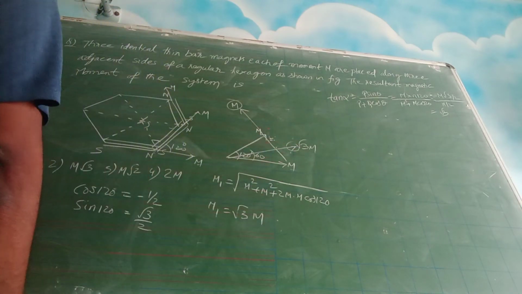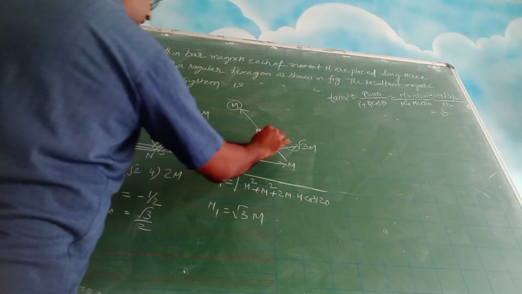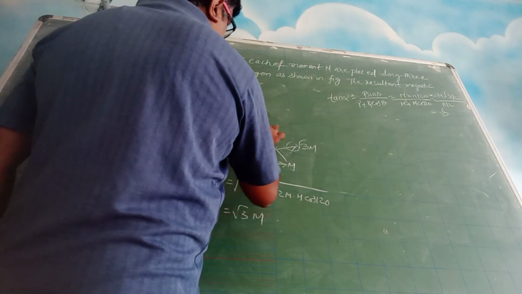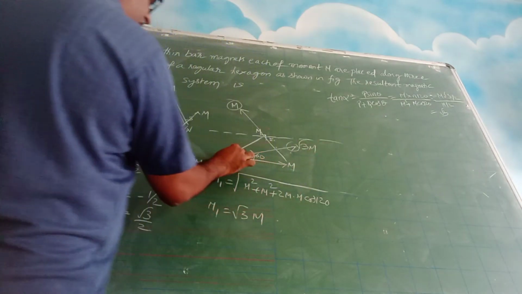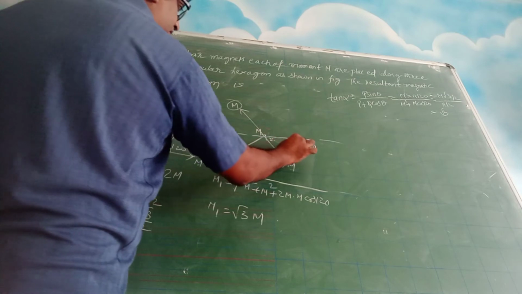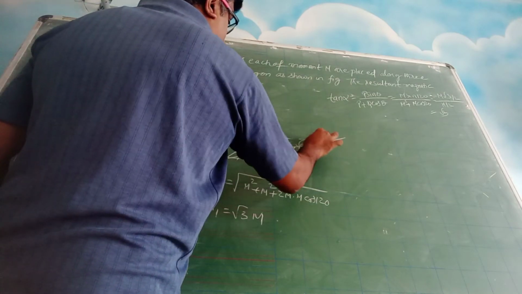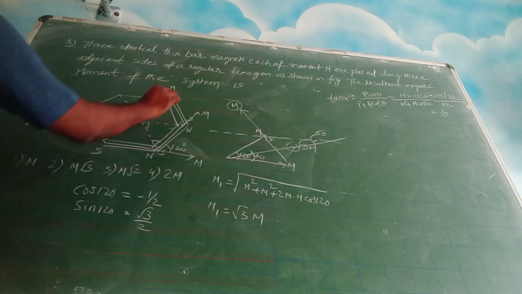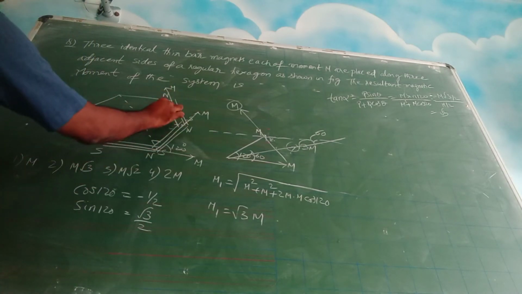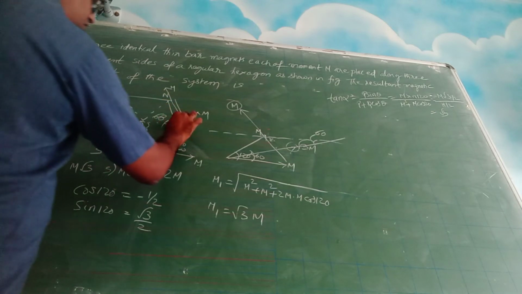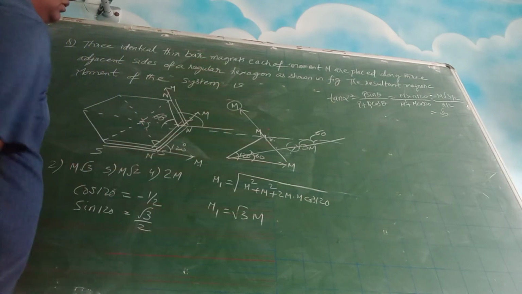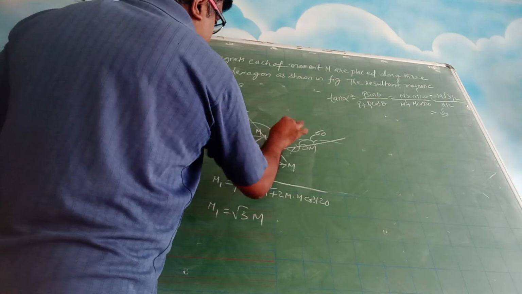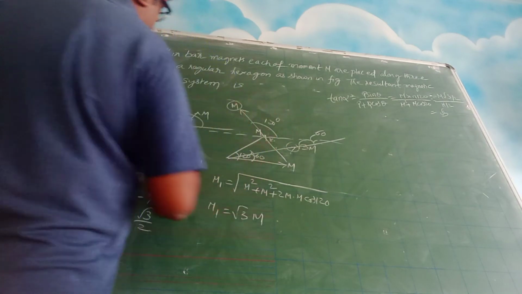So you can see here that if I draw a parallel line to this line, if this is 60, obviously this will cut somewhere here, so this will be 60. And in this triangle you can see that this is 60 degrees. So this total is 120 degrees, isn't it?